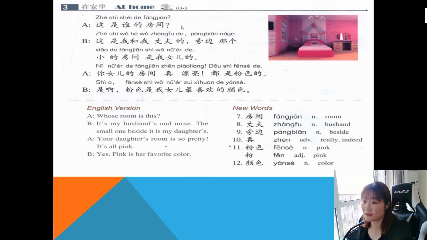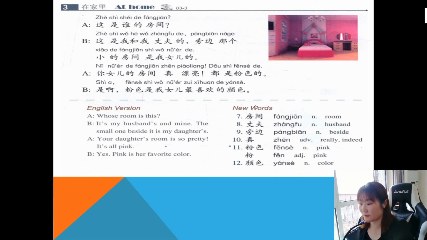这是谁的房间？这是我和丈夫的。So whose room is this? It's my husband's and mine. 旁边那个小的房间是我女儿的。So the small one beside is my daughter's. 你女儿的房间真漂亮，都是粉色的。Your daughter's room is so pretty, it's all pink.